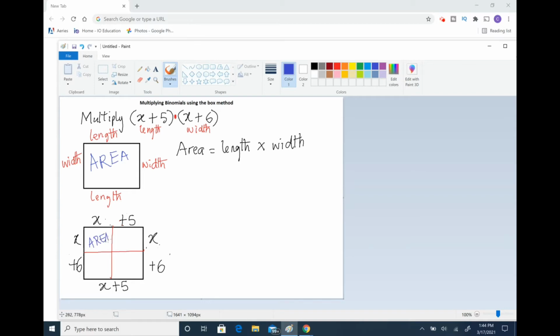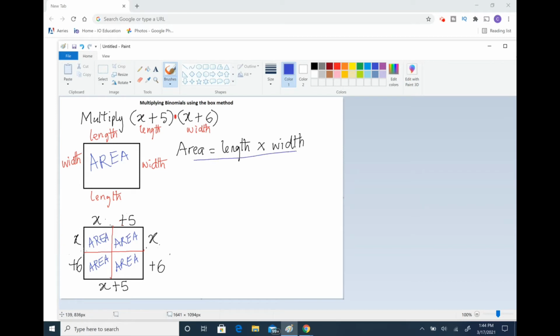You have to find the area of each small box. Once you find the area of each small box and add it all up, that's your answer. So what is the area of this first box on the top left? The formula for area is length times width.